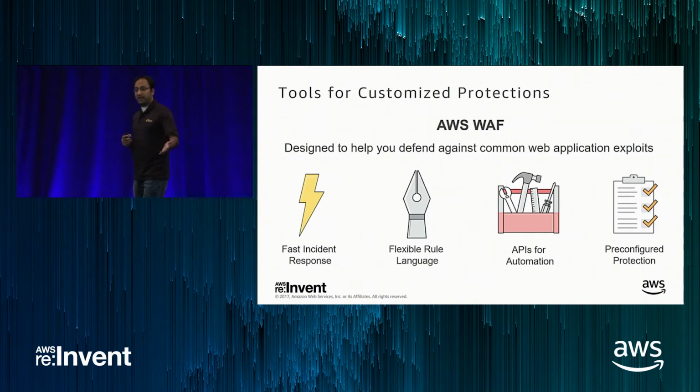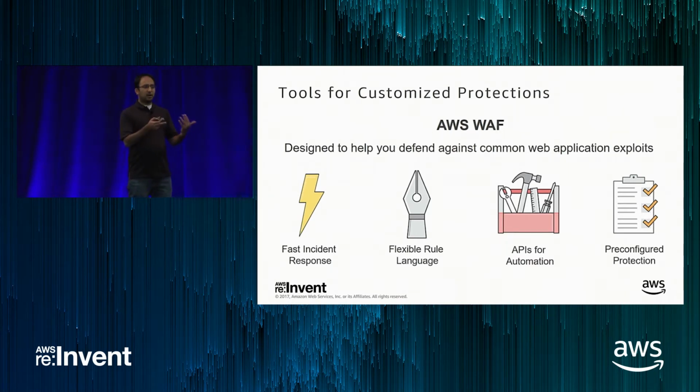Or you can also write flexible rules. You can write regular expression-based rules, or simple IP reputations, or geo-based rules, or even rate-based rules that automatically block a particular IP when it exceeds a particular threshold. And of course, WAF has full-fledged APIs, allowing you to integrate with your own services that you're using today. You can also integrate with Lambda. We'll talk about that in a minute.